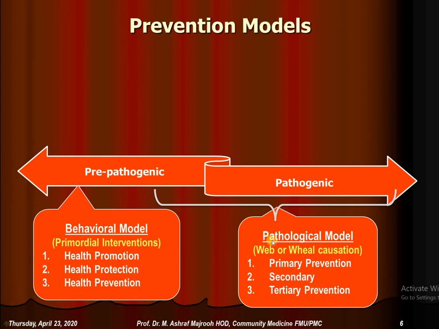And this model starts even in the pre-pathogenic phase, and it moves to the pathogenic process. So the pathological model starts from the pre-pathogenic phase. It covers both the pre-pathogenic and pathogenic phases.